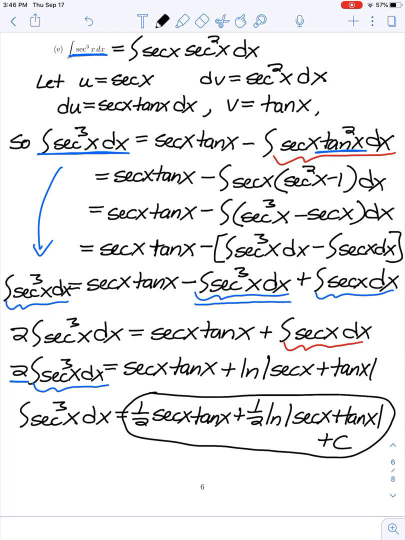Now, it might seem at first like this sort of integral would never appear in applications, but we will see some examples later in this course, and actually, I know you'll see some examples in your Calculus 3 course that will require you to integrate this secant cubed function. So it is a little bit tricky here.